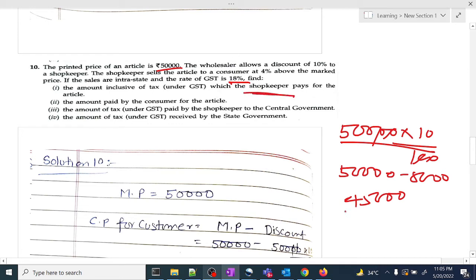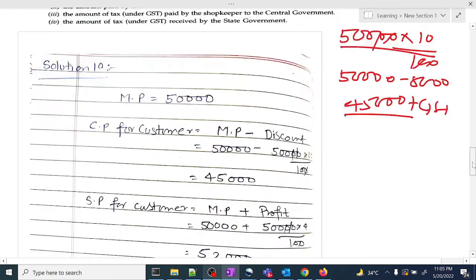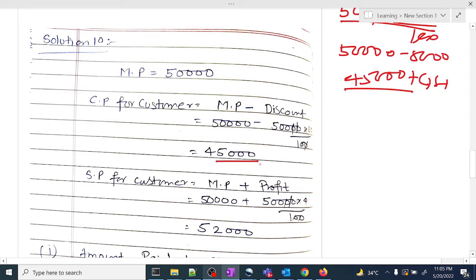So the shopkeeper will pay this to the wholesaler plus GST, right? So GST is how much? This 45,000 is the cost price for the shopkeeper, plus GST on this cost price, 18%, right?